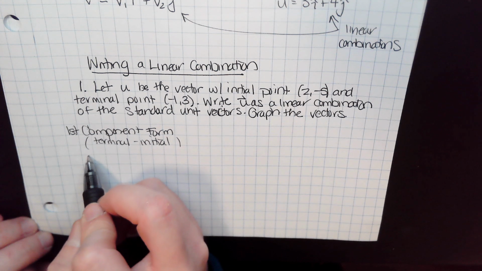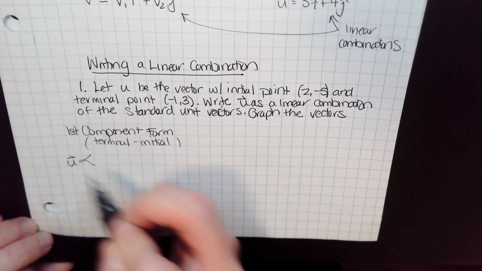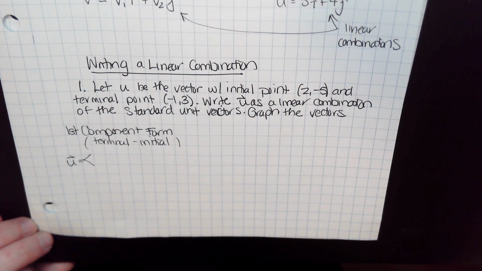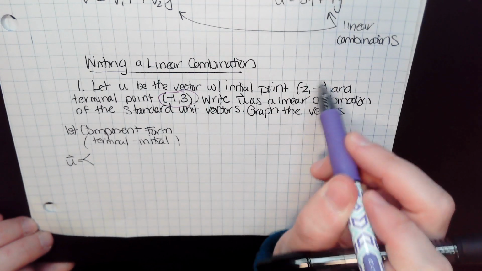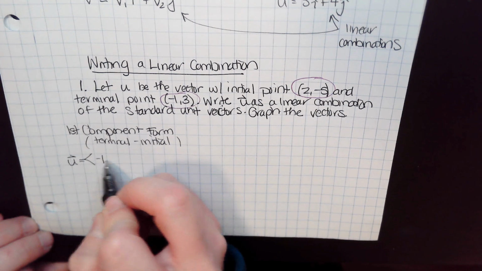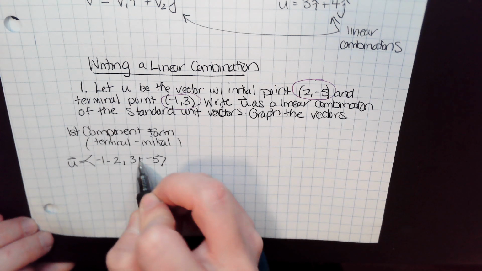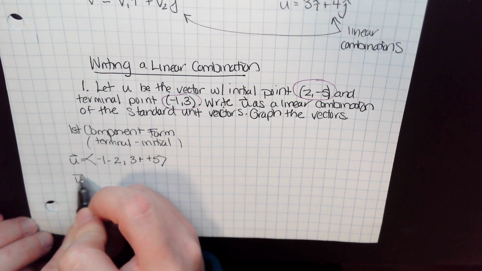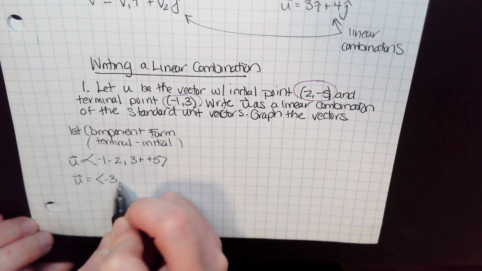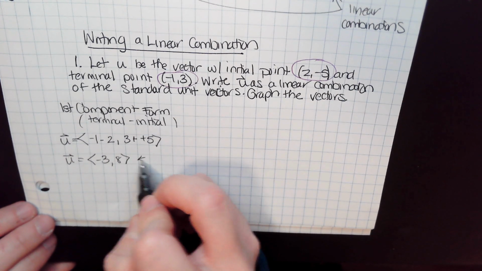So vector u equals angled brackets, our terminal here and our initial right here: -1 minus 2 and 3 minus -5. That gives us -3, 8. So that's in component form.